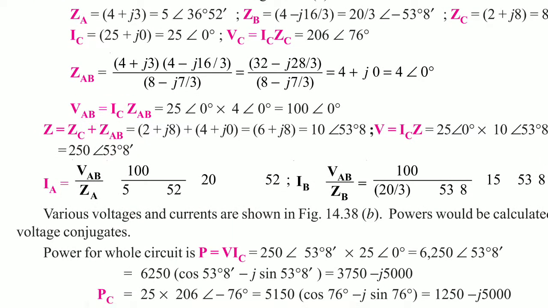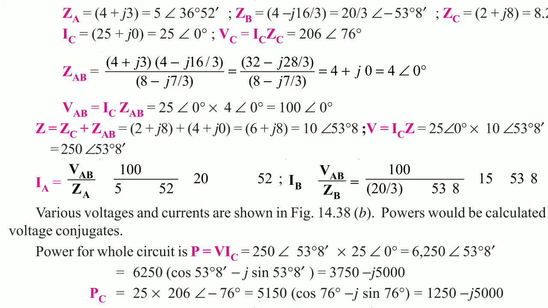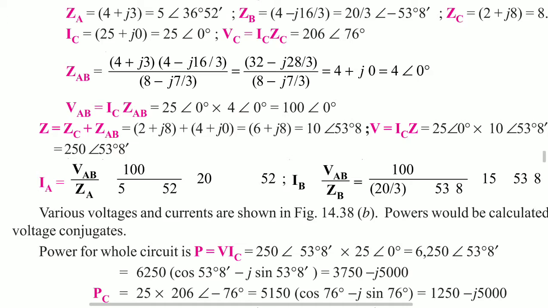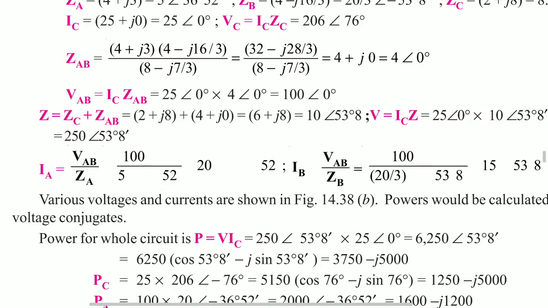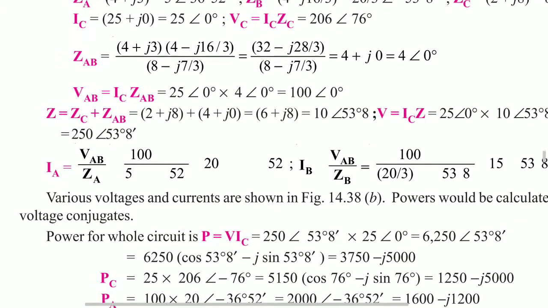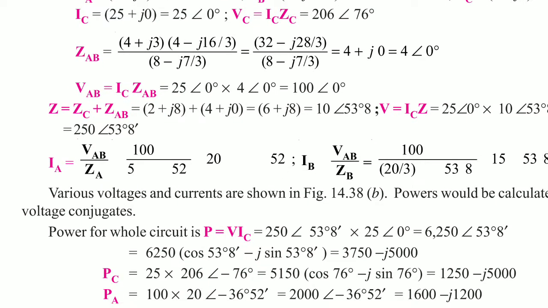So this is the total impedance of the circuit. Now go for the voltage across the circuit. Total voltage, that means the applied voltage across the circuit, how much? So here V is equal to IC into Z. Here Z is the total impedance, IC is the current flowing in the circuit.